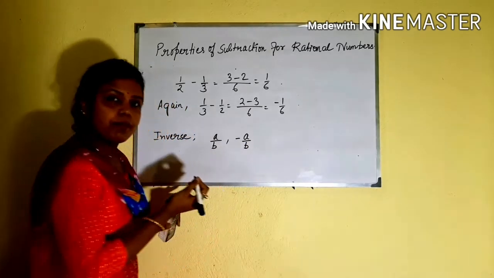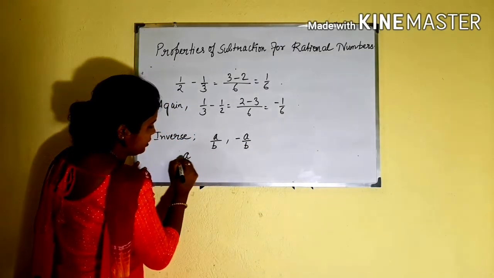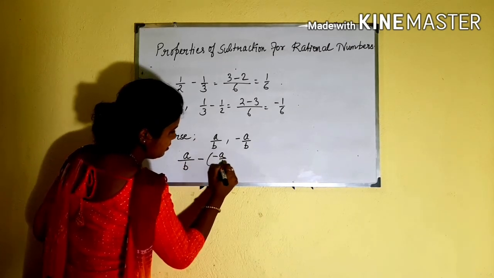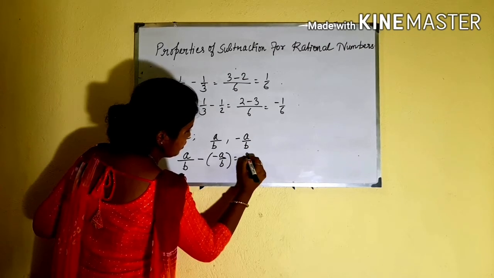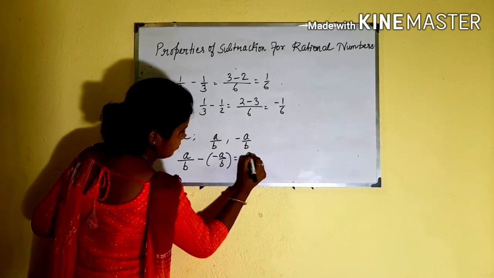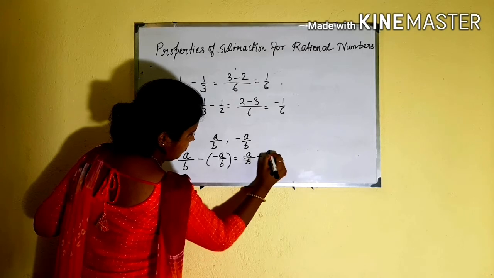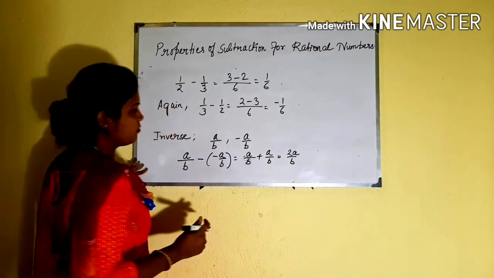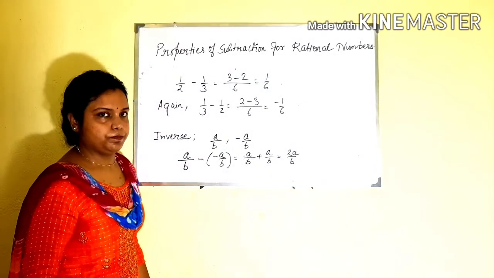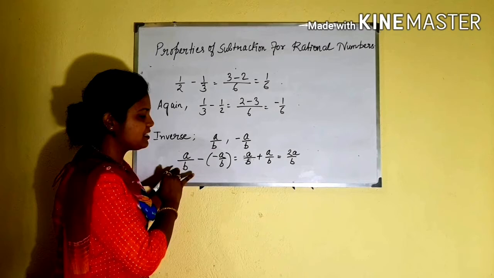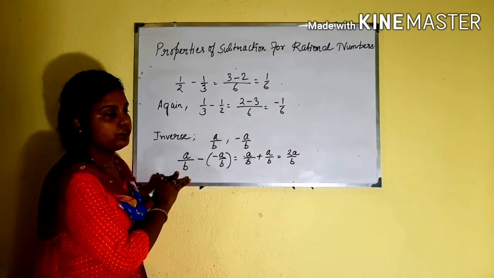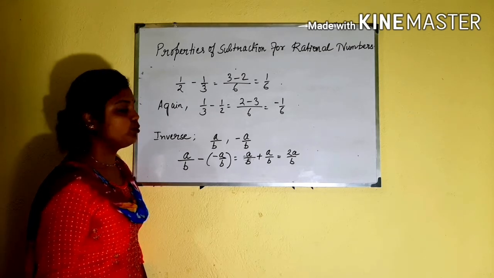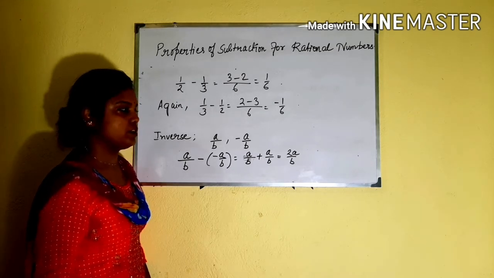Now, if we apply the subtraction property of inverse, we get a by b minus minus a by b, that we get as 2a by b. You can easily see that this rational number gets twice the rational number. So there is no inverse here.